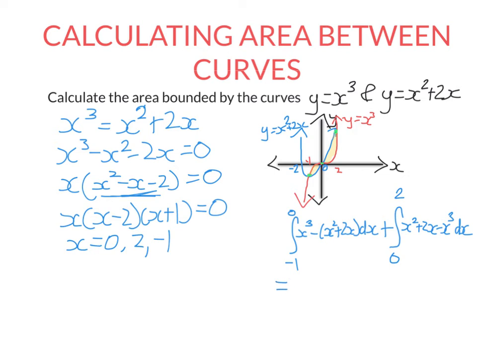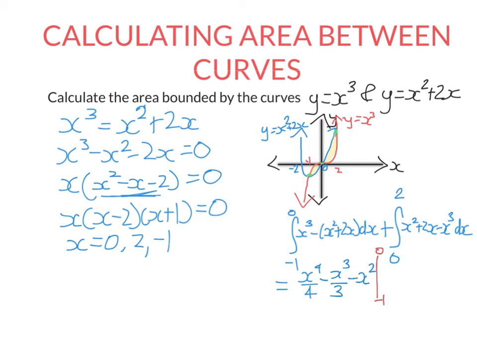For the first one, the integral of x cubed is x to the power of 4 on 4. So this becomes minus x squared minus 2x. The integral of minus x squared is minus x cubed on 3, and the integral of minus 2x is minus x squared. Remember, definite integrals, no constant of integration.